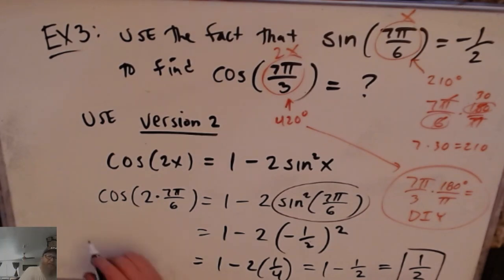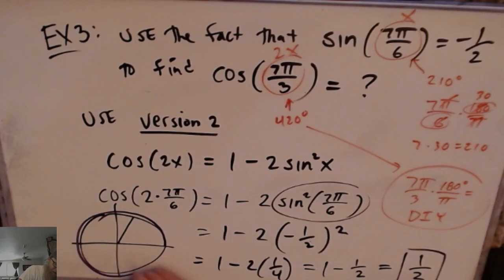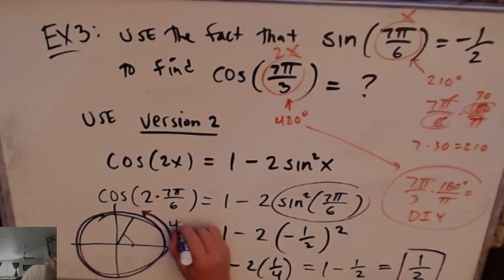And I hope that makes sense. If you think about the unit circle, 420 degrees would be like spiraling around one whole revolution plus an extra 60. That would be 420 degrees.